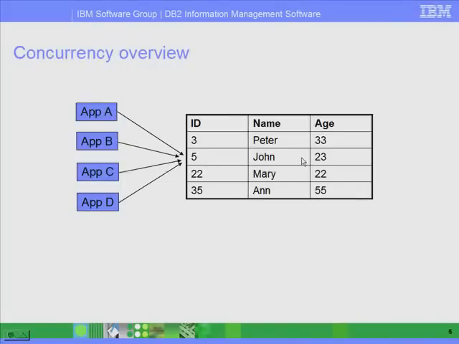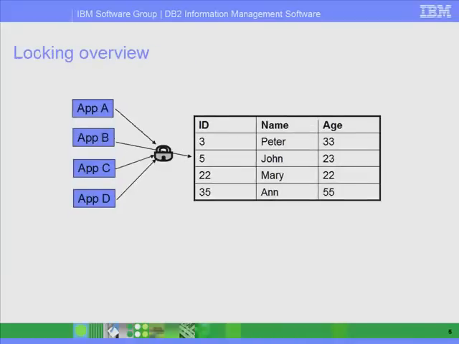So at the end, what would be the final result? It would be hard to tell what the final result would be if there is no control. But concurrency in general means that several applications can work at the same time on the same database or same tables in the database.